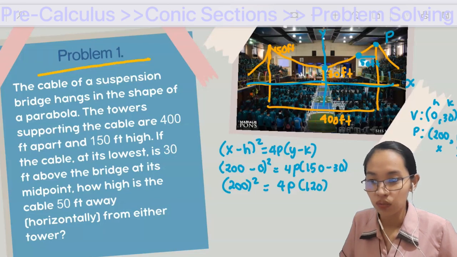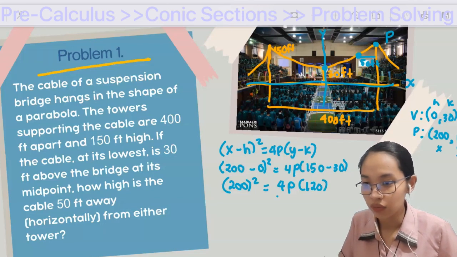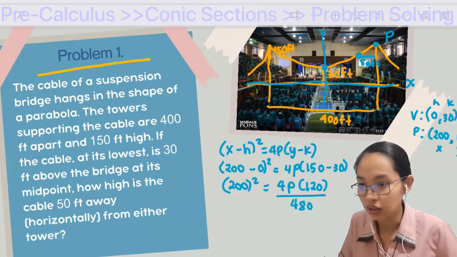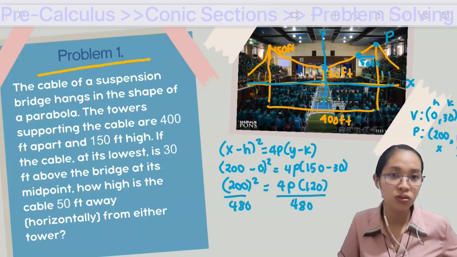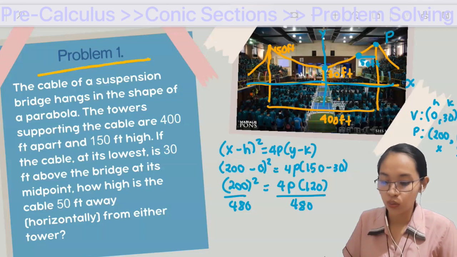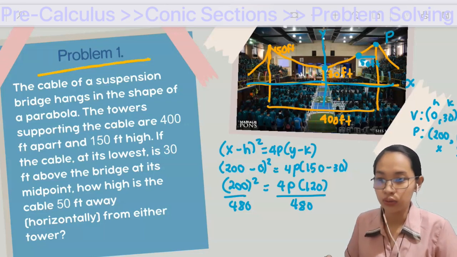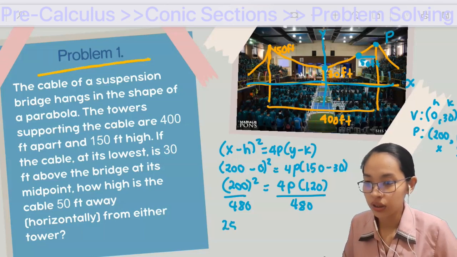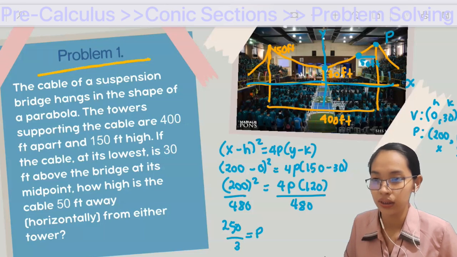Next, solving for the value of p, we divide both sides by 4 times 120, which is 480. Simplifying, again use your calculator: 200 squared divided by 480 is equal to 250 over 3. That is now the value of p.